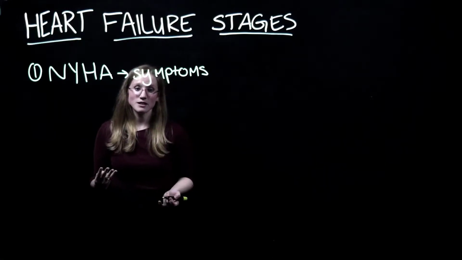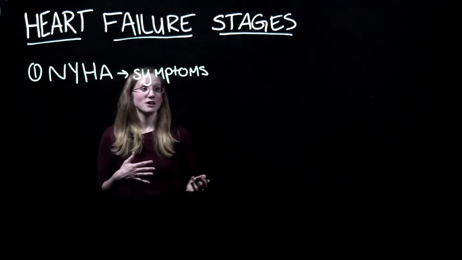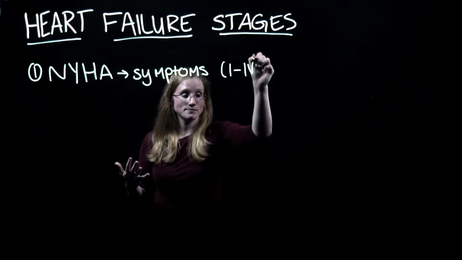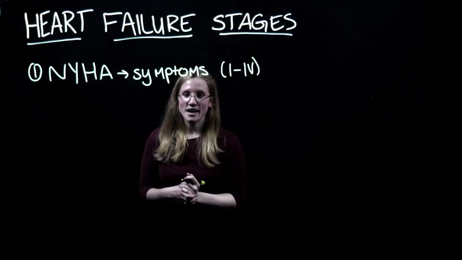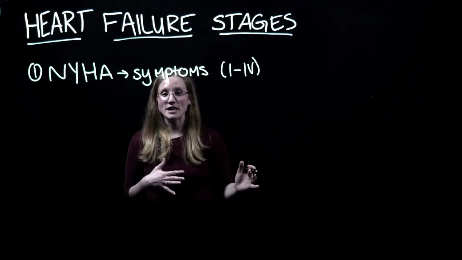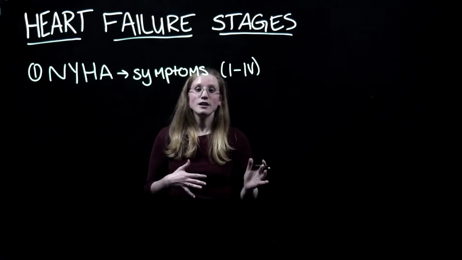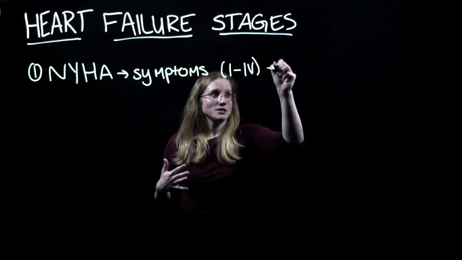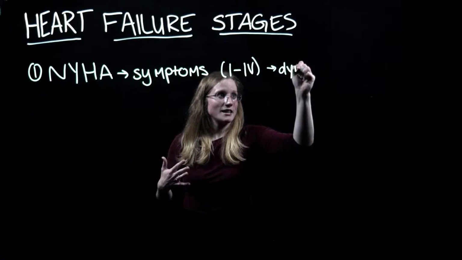And so these are numbered by Roman numerals, and so it's class 1 through class 4 that we have. And this is flexible and fluid, and patients can move back and forth all around. So just to remember that, I'm going to say it is dynamic.